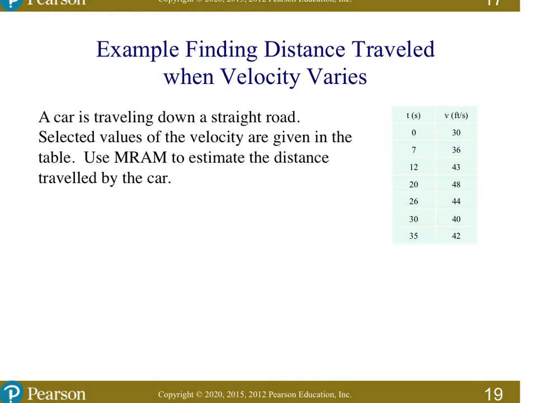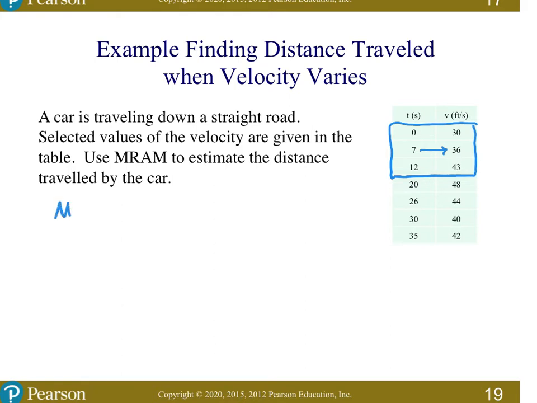So if we're going to apply the MRAM principles to velocity, we have to make our region bigger. If we were doing RRAM, we would do the interval from 0 to 7. But if we're doing MRAM, we need a larger interval, so we're going to go all the way from 0 to 12, and we're going to use the value of 36.